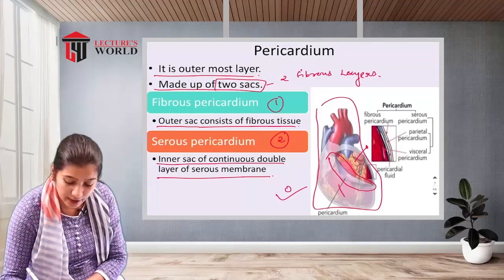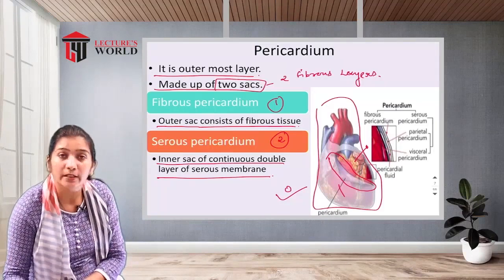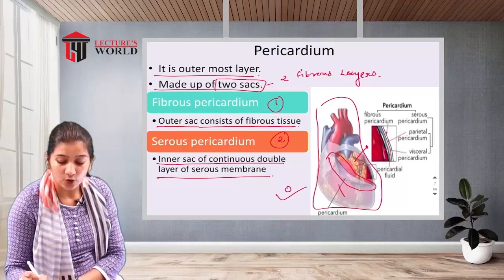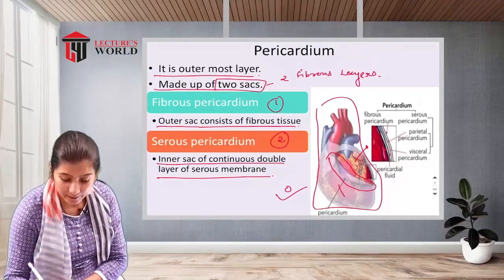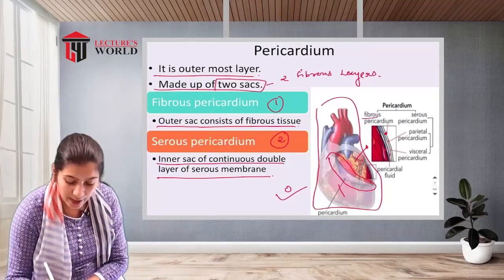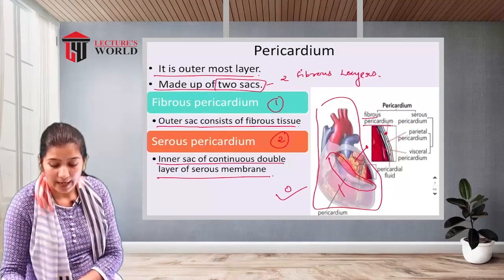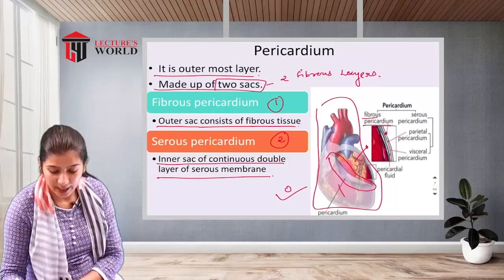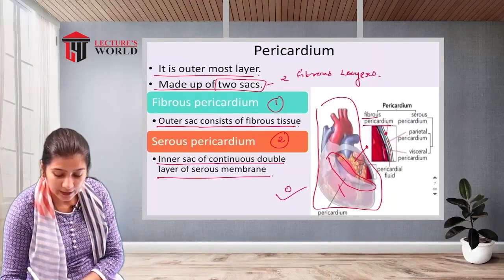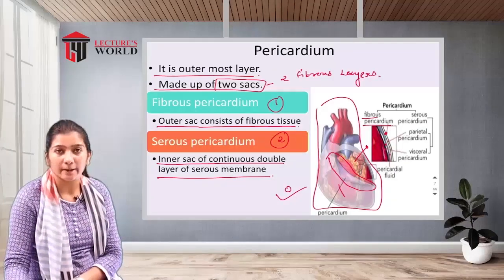So it is an outer layer of the heart. Okay, so there are two sacs in the pericardium. The first over here is known as a fibrous pericardium, and the serous pericardium. So what is a serous pericardium? The inner layer is known as a serous pericardium.